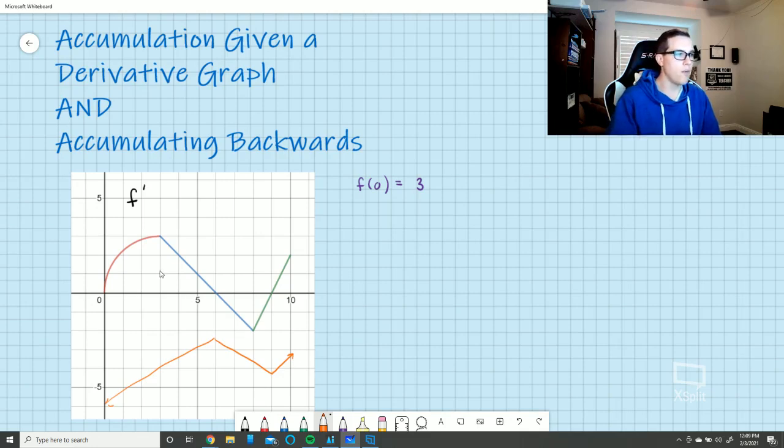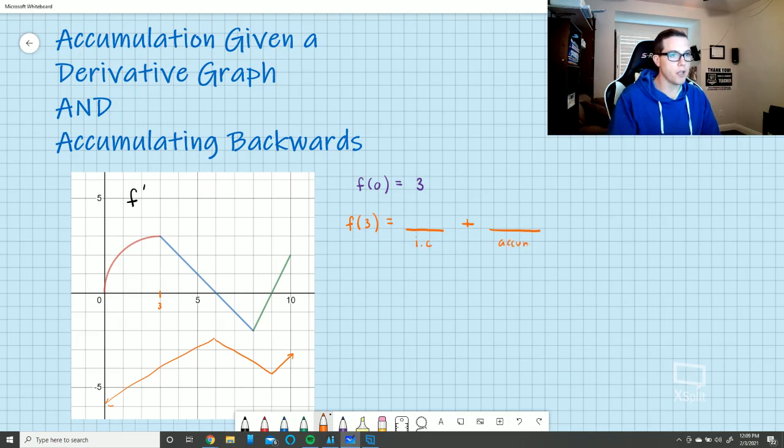So first value I want to find is this one right here, f of 3. What's going on in the original function at f of 3? So here's how you do it. The setup looks exactly the same. To find f of 3, we are still going to set up our initial condition plus accumulation. Initial condition plus accumulation.